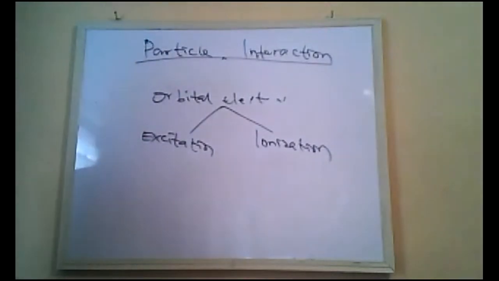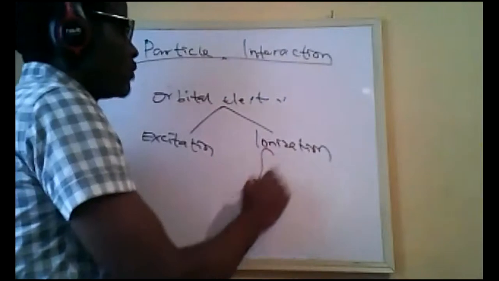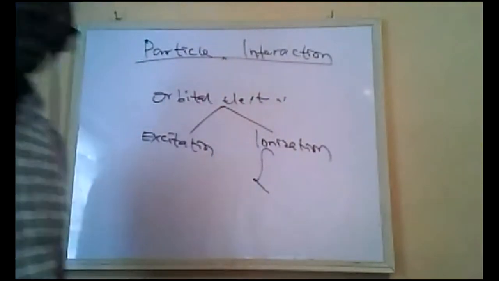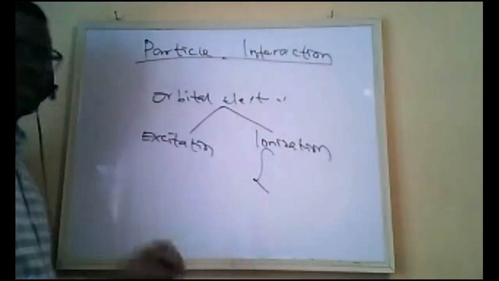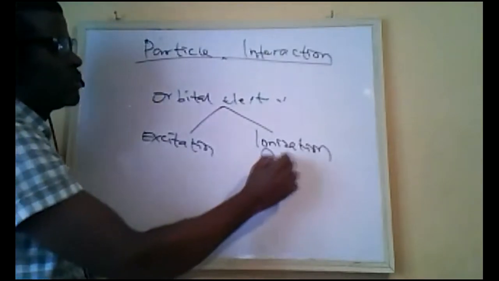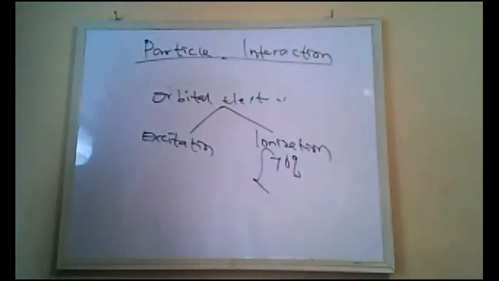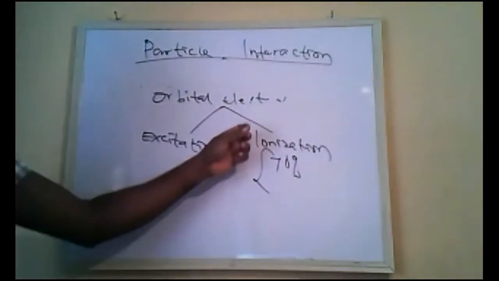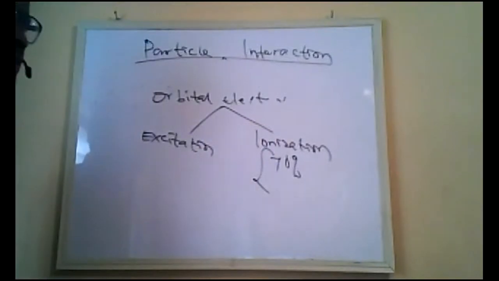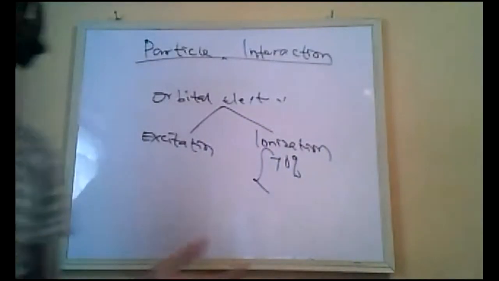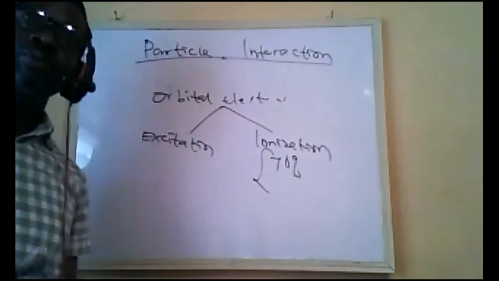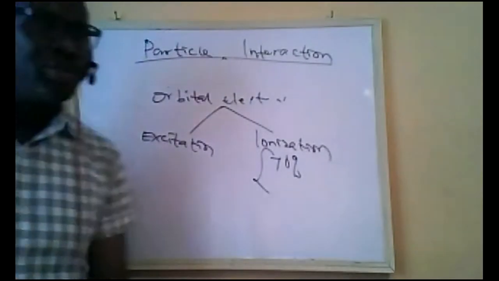And then for soft tissue, with which we will of course be dealing in radiology, about 70% of all interactions are a result of deposition of energy by means of ionization. That is, the atom will become ionized.